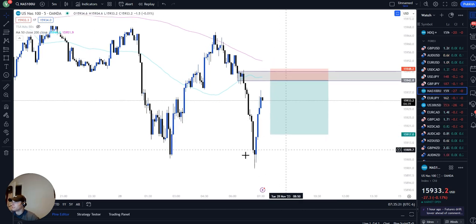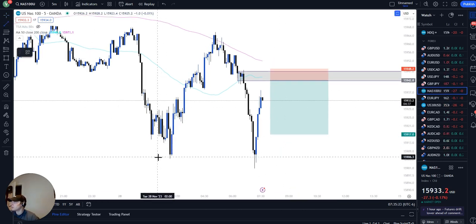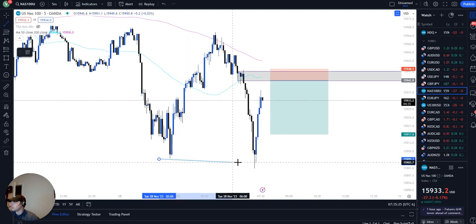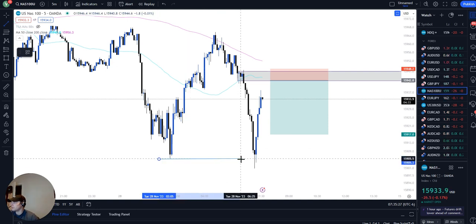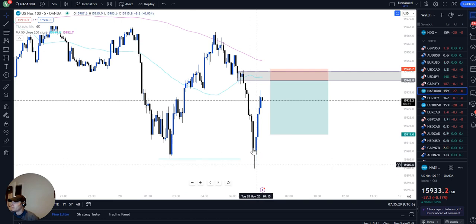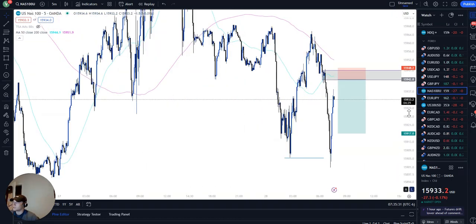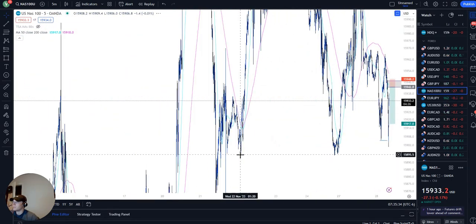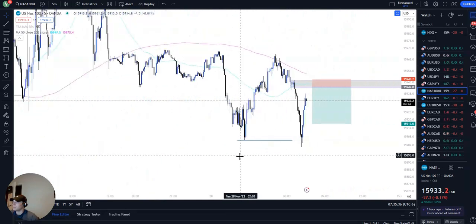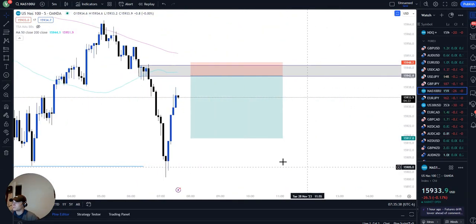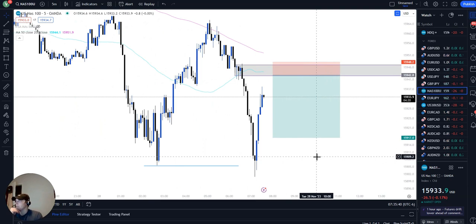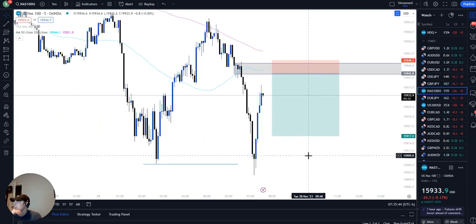That could have a pretty nice risk to reward, and it did break this low right here, as you can see, wicked out. So that's also not a horrible one, but again, I'm gonna have to read what price is doing once it gets there, and see if it's something that I really want to take, and I'll keep you guys updated.